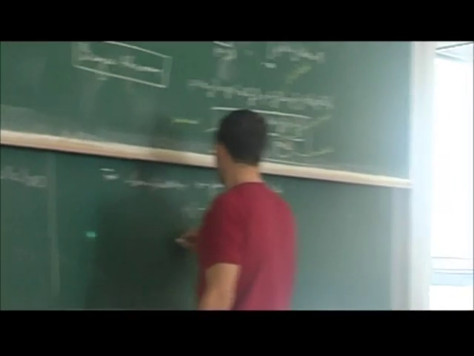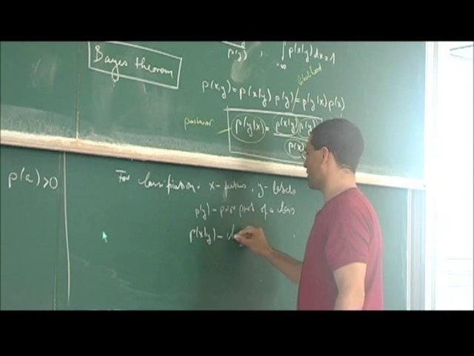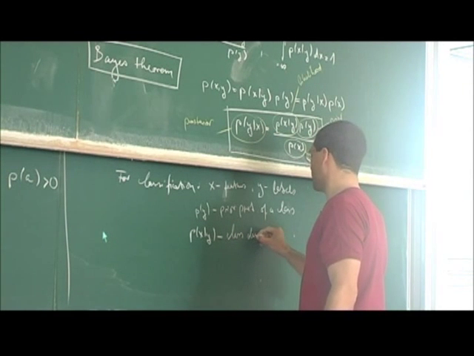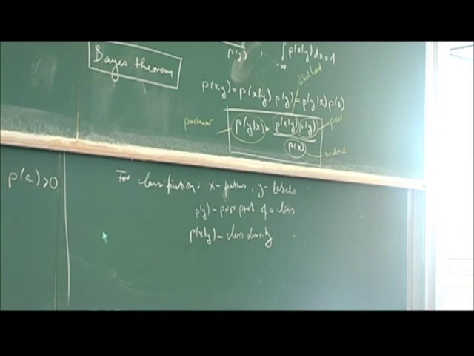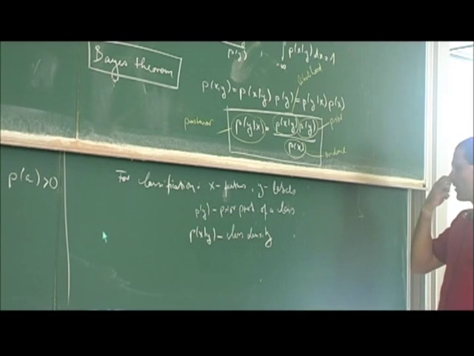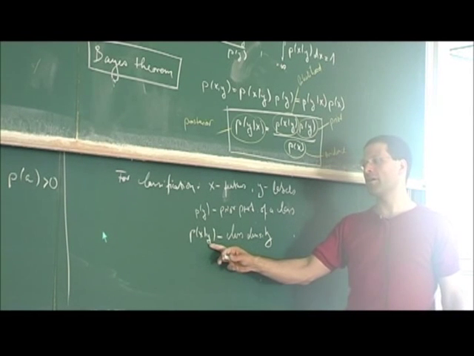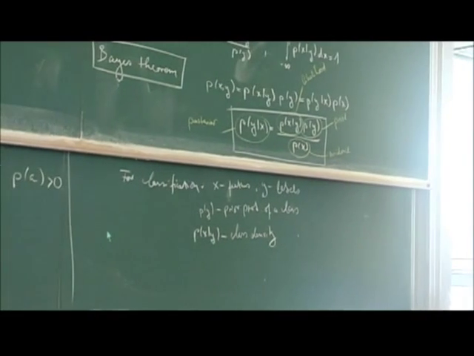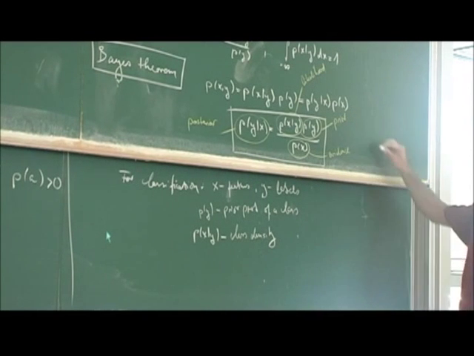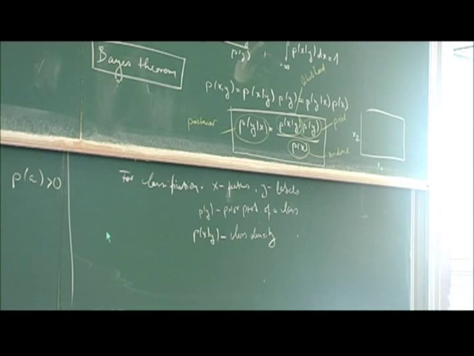Then we have the likelihood, p of x given y, which in a classification setting is also called the class density. This means, assuming that the patient is healthy, how likely is it that we would observe the particular set of measurements that we have performed on the patient? So let's say this is feature space. We have two features, x1 and x2, and then we have those two classes.